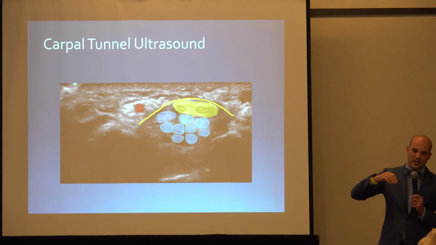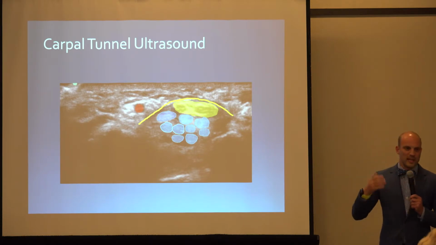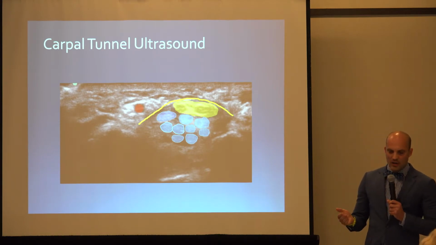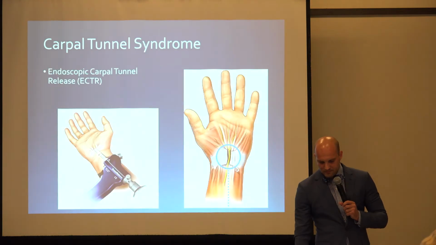So when the tendons swell, they push that nerve into that band, and that's what causes the symptoms. So the way you cure it is very simple. It's a mechanical problem. You inject it with a steroid or take anti-inflammatories to try to decrease the swelling. If that doesn't work, you decompress it by cutting the yellow band to make it bigger. And that's where we would do the injection, so you can see what you're doing.